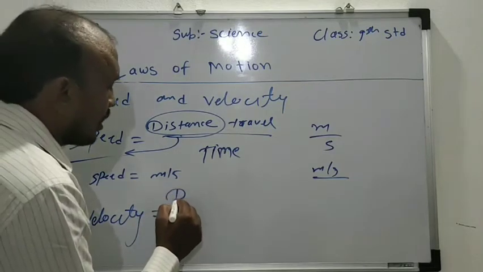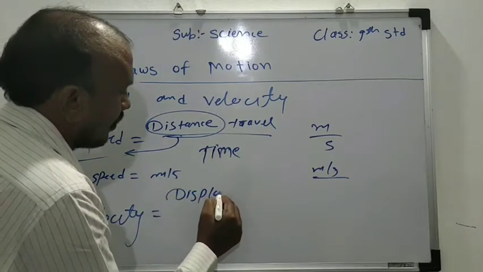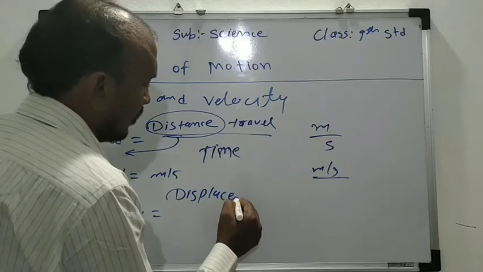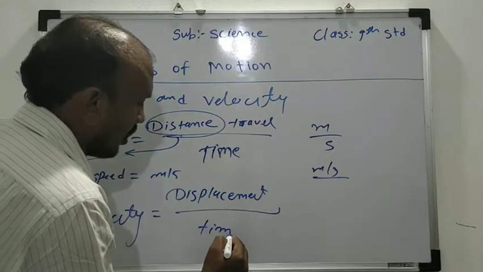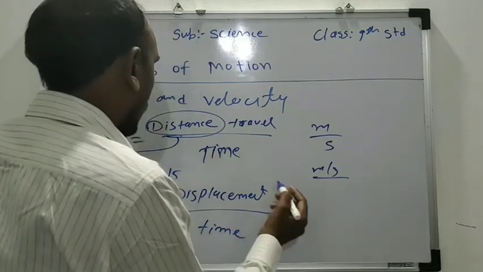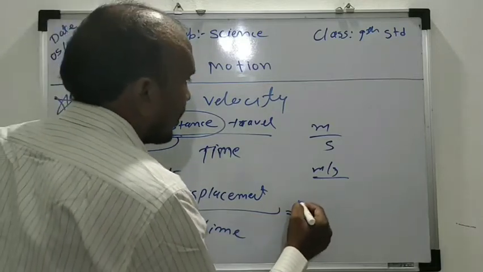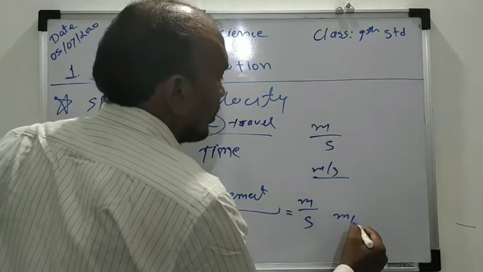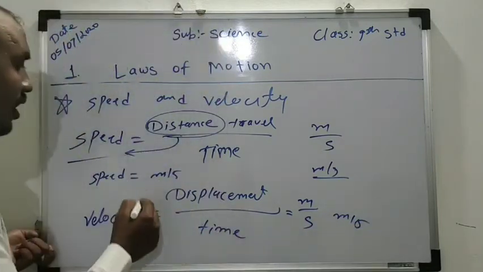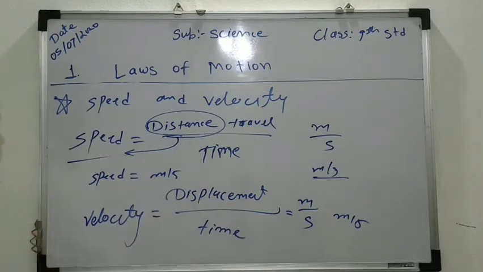So displacement upon time. What is the unit of displacement? Displacement is in meters and time is in seconds, so meter per second. So the unit of velocity and the unit of speed are the same.